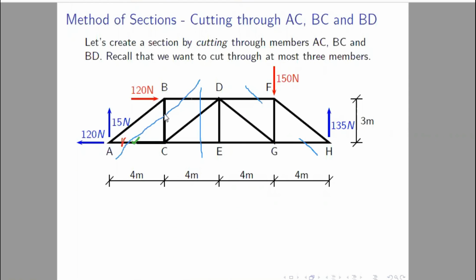Now from this also the unknown member force in this is known to us. We have solved for this member force as well. While taking this section, this was previously known, so no problem at all. So taking this section, we have solved for this member force, and also for this member force.